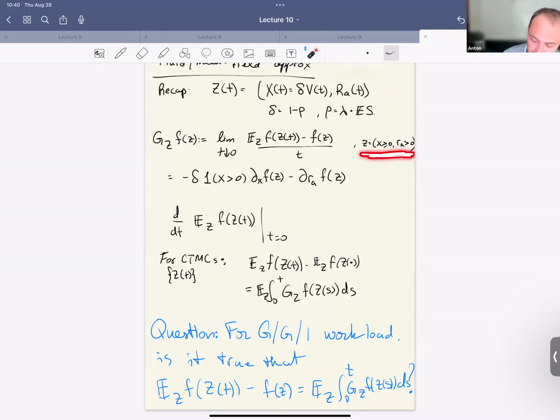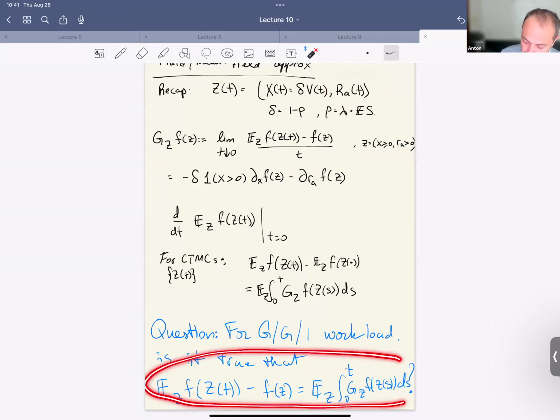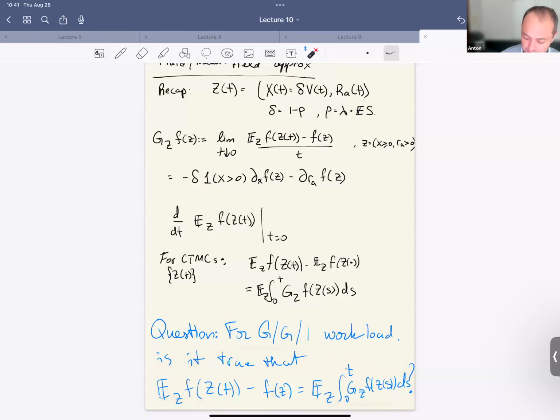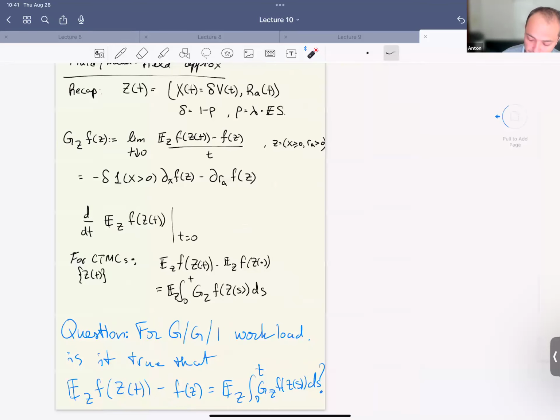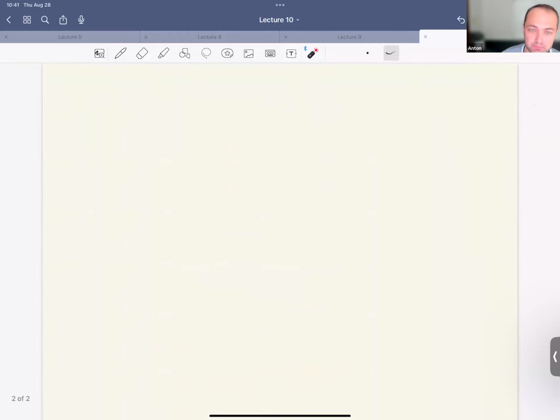And you'll note that I left out those points when the jumps happen from the state space when I was defining the generator. I said it's right continuous with left limits, and so we never really reach those points where RA equals 0. The Markov chain is never in them, but it does approach those points. So they are important, and I want to augment this relationship. What I wrote in blue is not true, but if we augment it a little bit, it will be true.